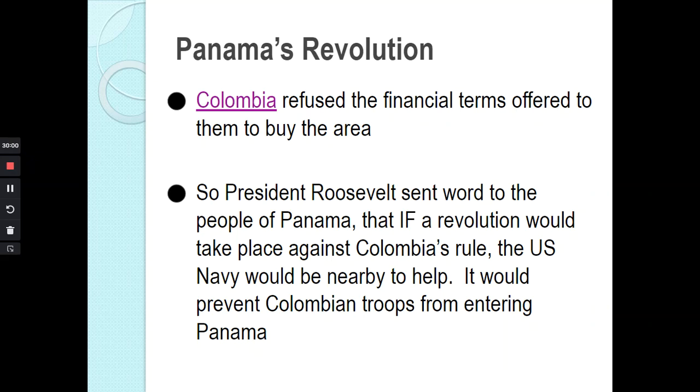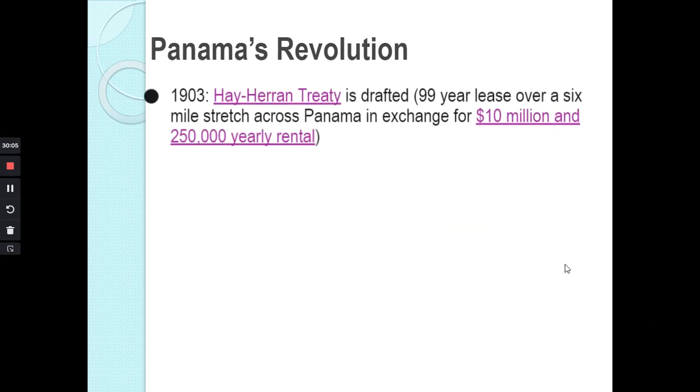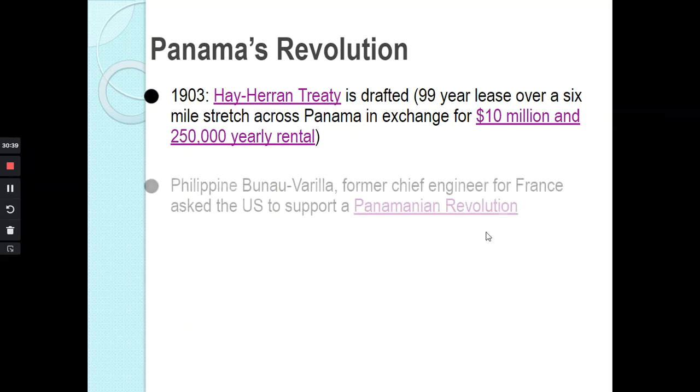Colombia quickly, within 4 days, surrenders, and Panama becomes its own country. As a result, Panama agrees to give us or lease the land for $10 million, and then we pay Panama $250,000 a year for 99 years. And yes, in 1999, the Panama Canal was returned to Panama, and now, in today's time, the country that controls the Panama Canal is not the United States, it's not Panama, but it is China. And China does control the Panama Canal.